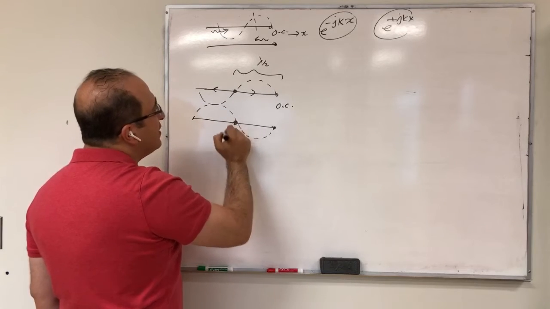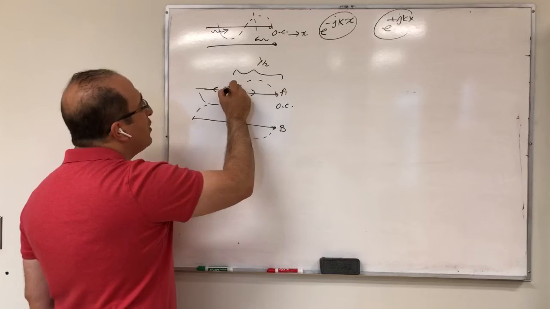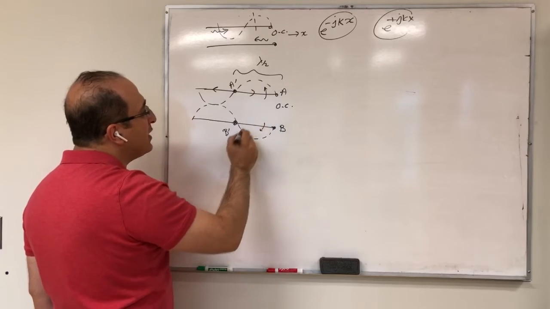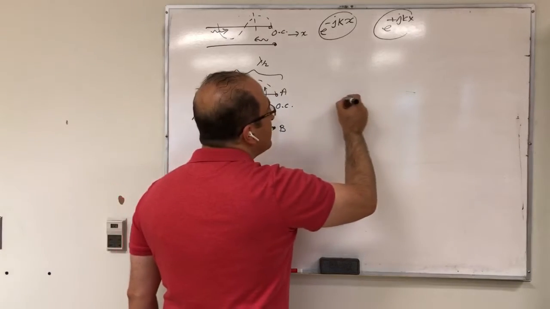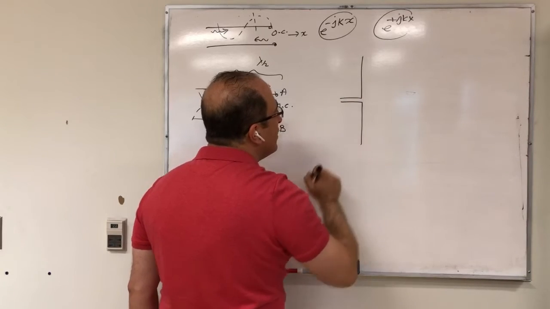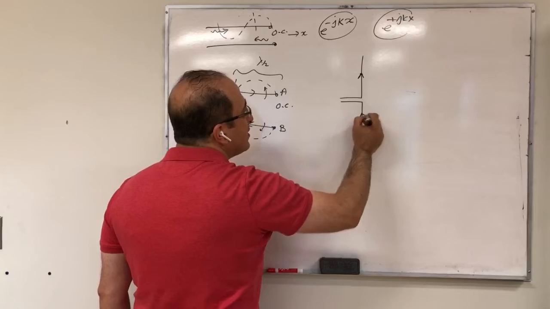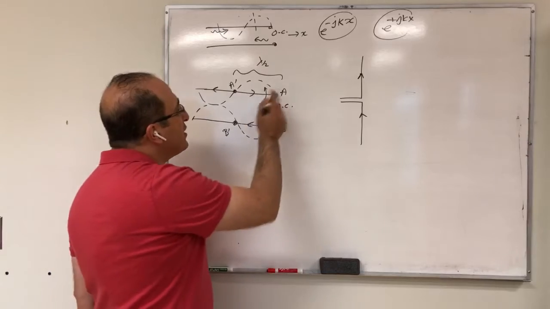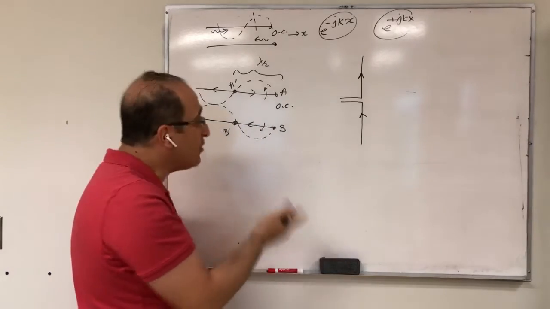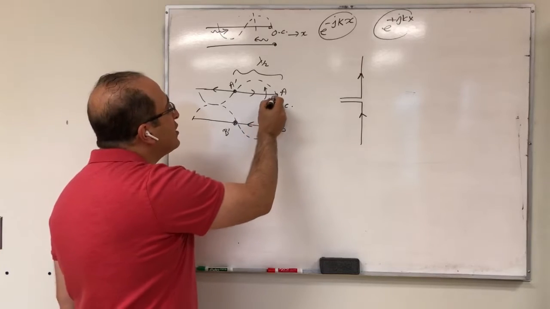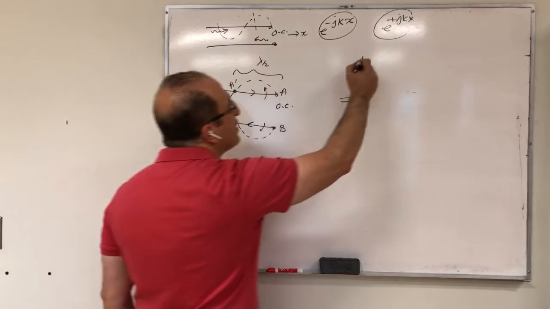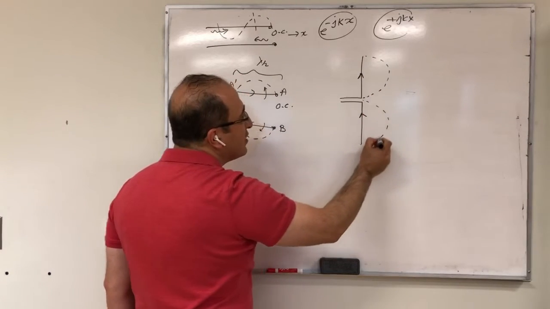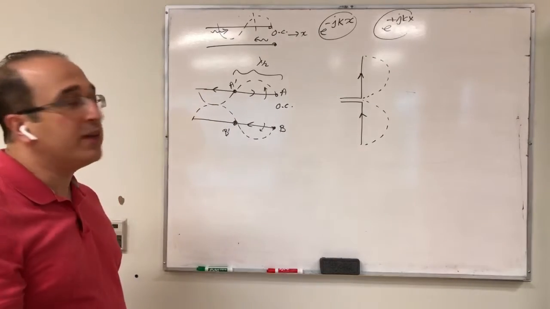If I start bending from this point, if this is my A point, B point, let's call this A prime, B prime, and you start bending this way, and this way, then you're going to get these two sets of currents, which now have the same direction. If I assume that the current distribution stays the same as on the transmission line, which is a reasonable approximation, you have a half sinusoid here, and then you get this as well. So this becomes the current distribution on the dipole antenna.